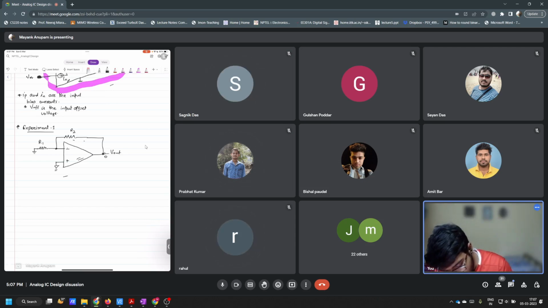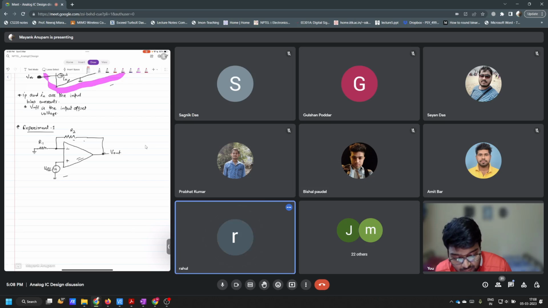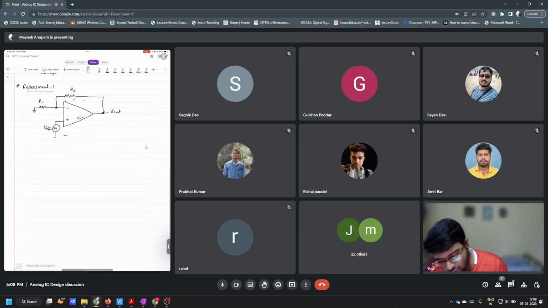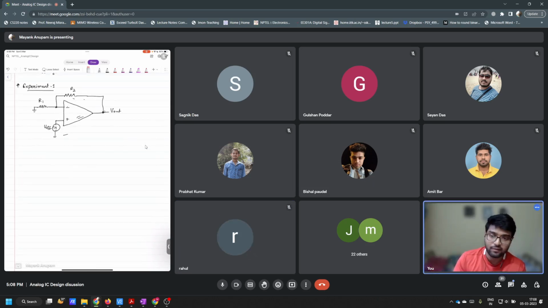Correct. But because of this V offset here, you now cannot have 0 voltage here, right? You'll have some output voltage.